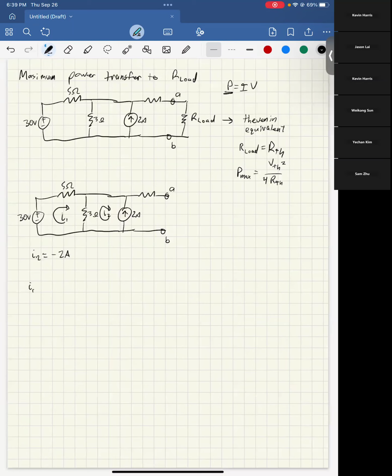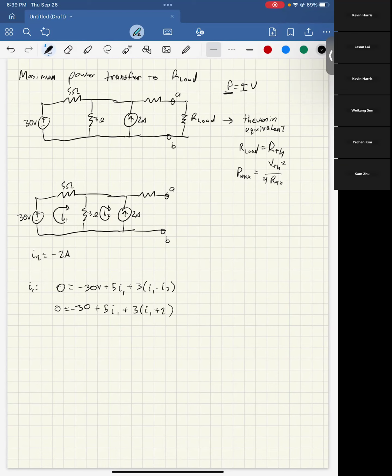And then for I1, we get an equation: 0 equals -30 volts plus 5 I1 plus 3 times (I1 minus I2), which we can simplify because we know I2. That's 3 times (I1 plus 2).